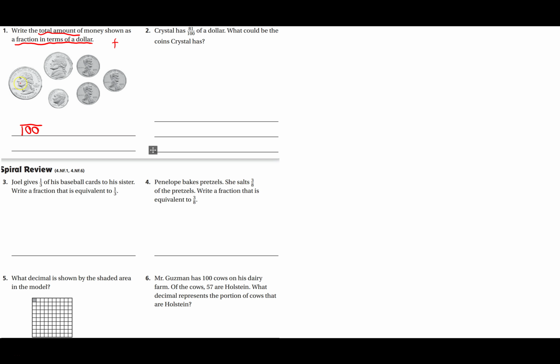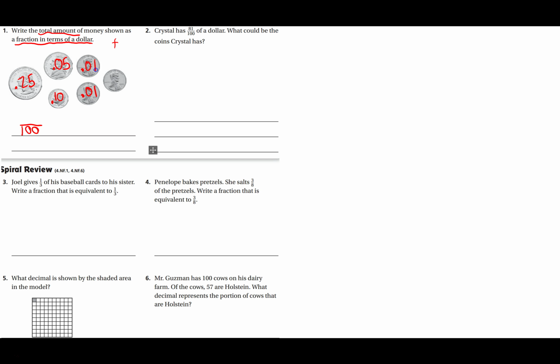Now, let's look at our coins that we have here. We have 25 cents. We have 5 cents, which again, that's equal to 5 pennies or 5 hundredths. We have a dime. That's worth 10 cents. We have 3 pennies. That's worth 1 hundredth, right?